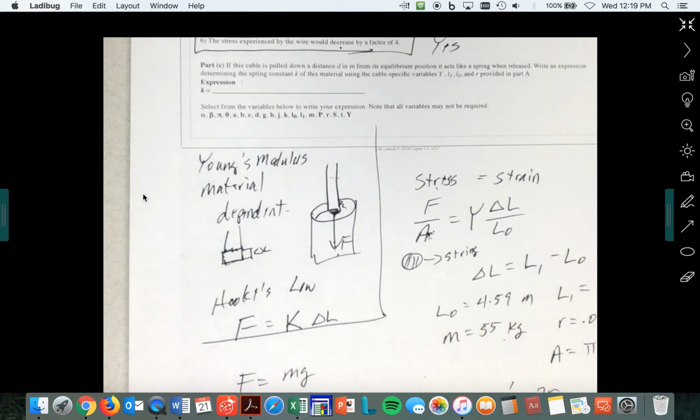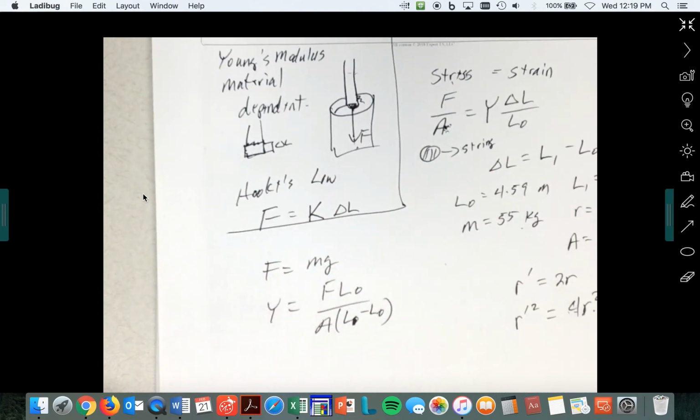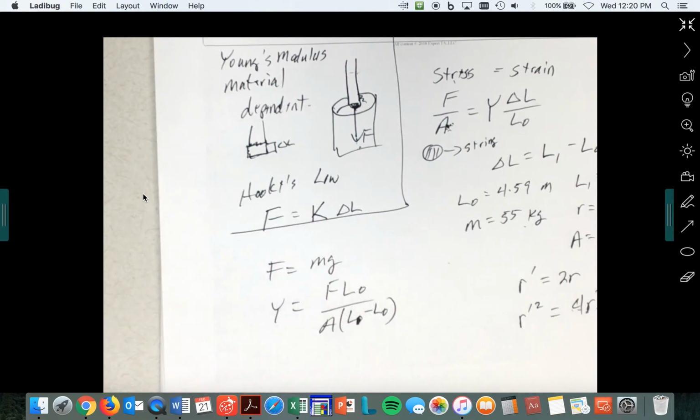Okay, so we can write an expression for k using the Young's modulus. So I know it's going to stretch a distance delta L. But we've got to find, well, what does k equal?